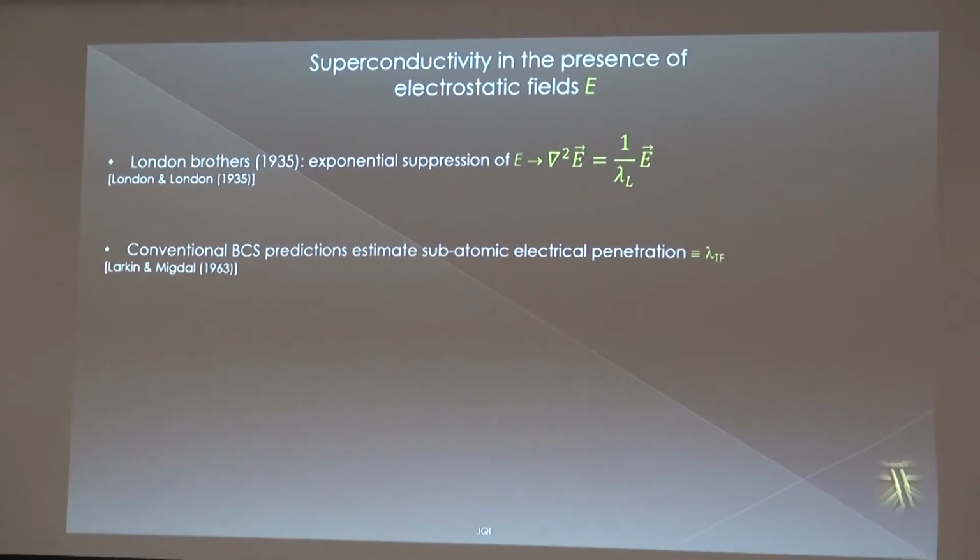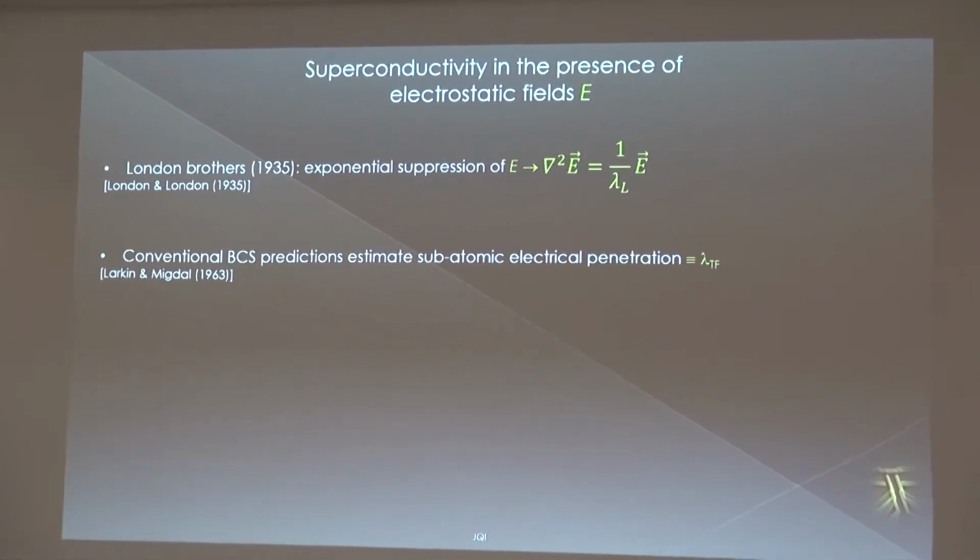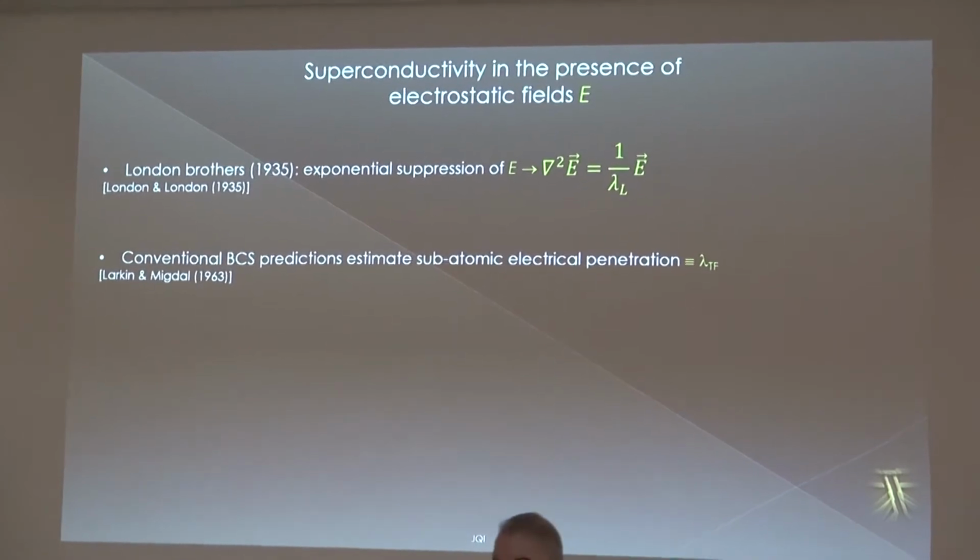This is why I'm talking about old school physics in some sense. They estimated the penetration of electrostatic fields in a superconductor, and they estimated the conventional, let's say, Thomas-Fermi extinction length, the conventional one.